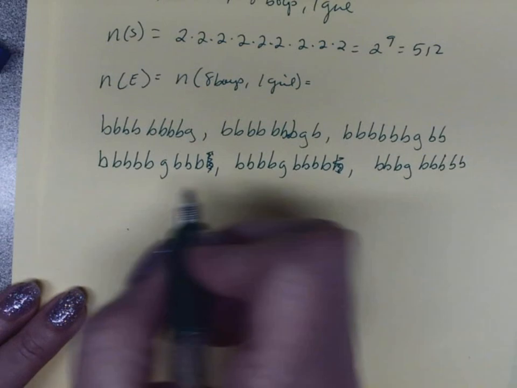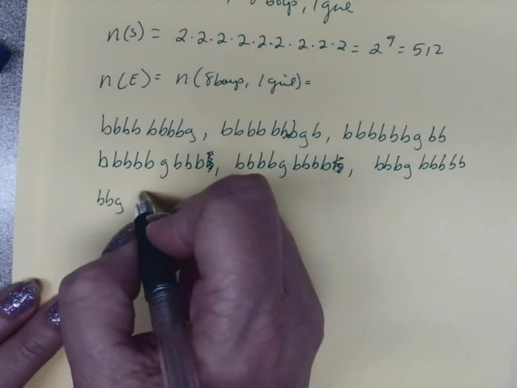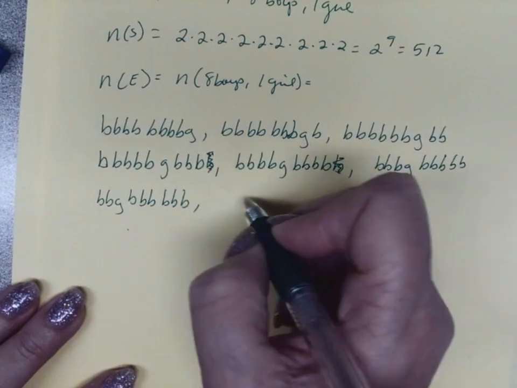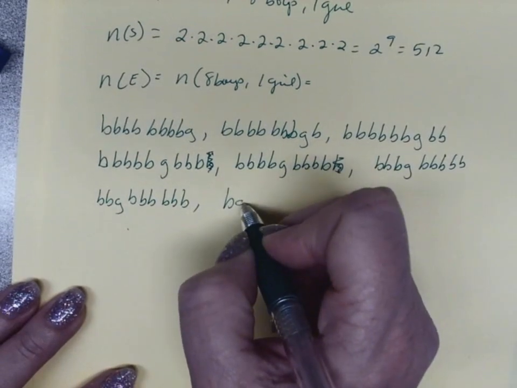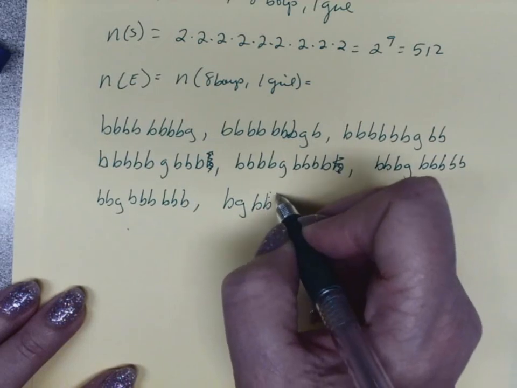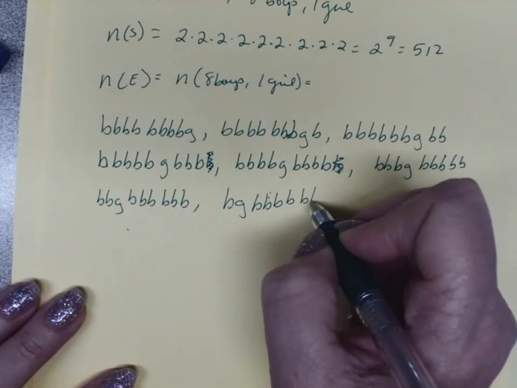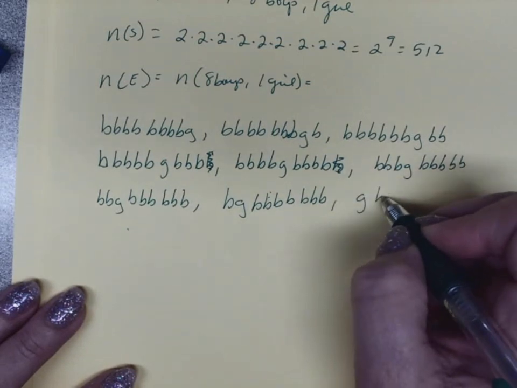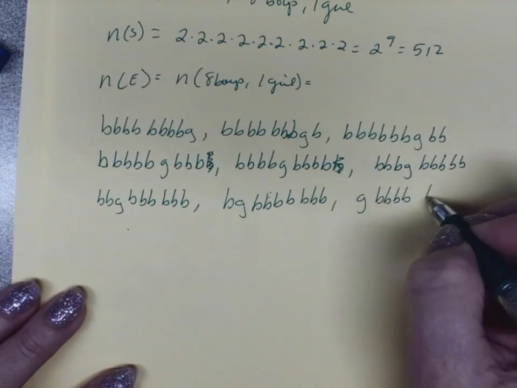All right, and then we could do 2 boys, a girl, and then 6 boys. And we could have the boy and then have a girl, and then we could have 7 boys. Or we could have the girl and then have 8 boys.